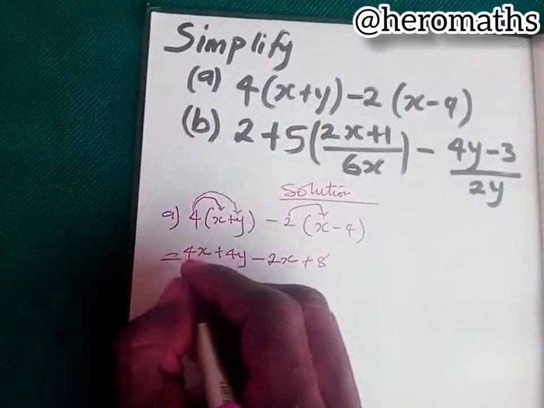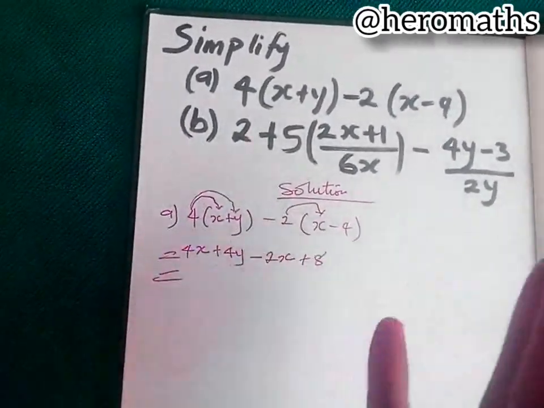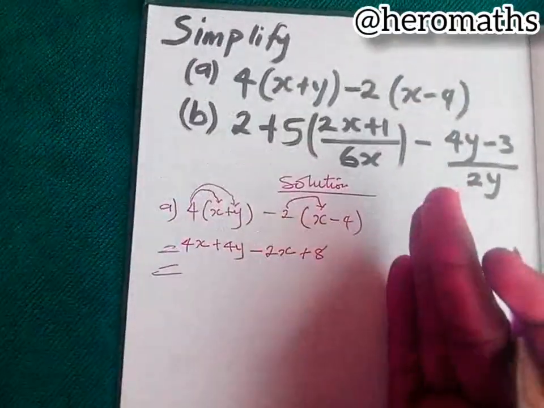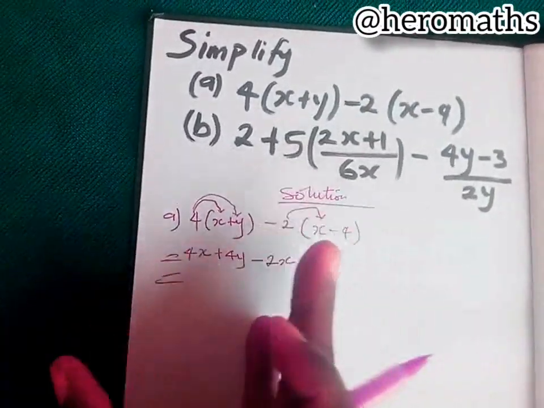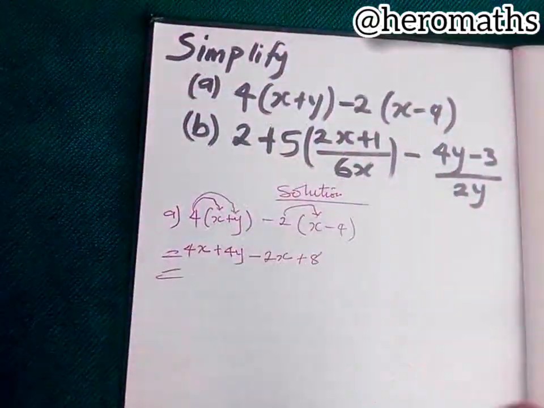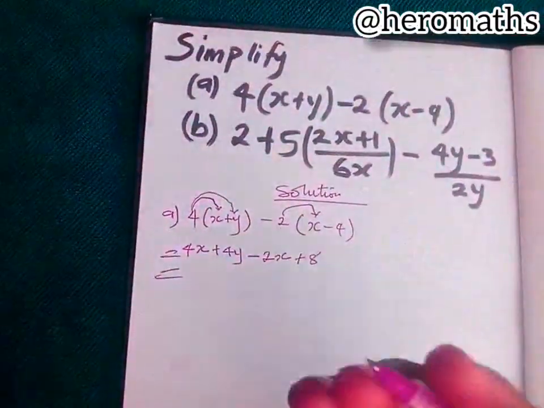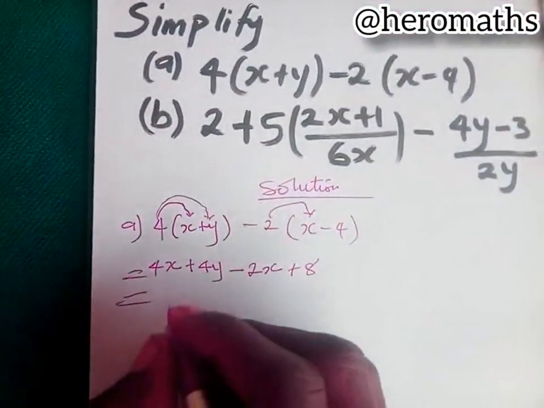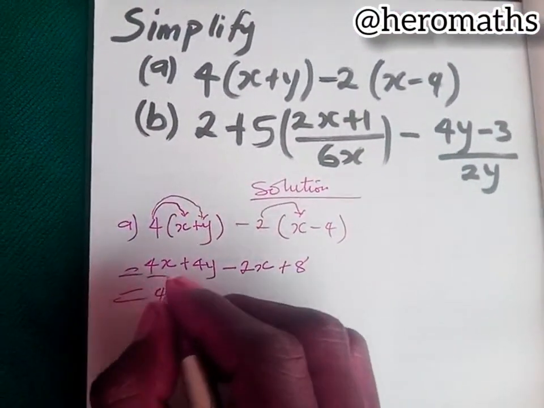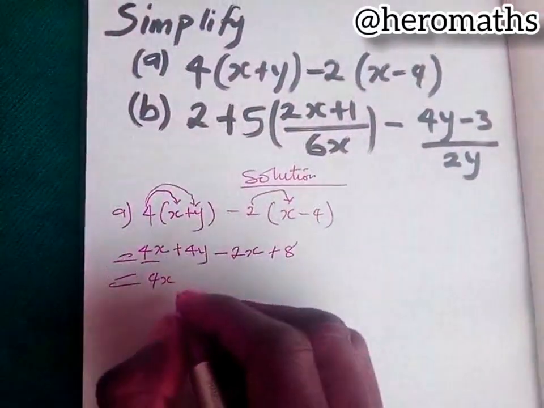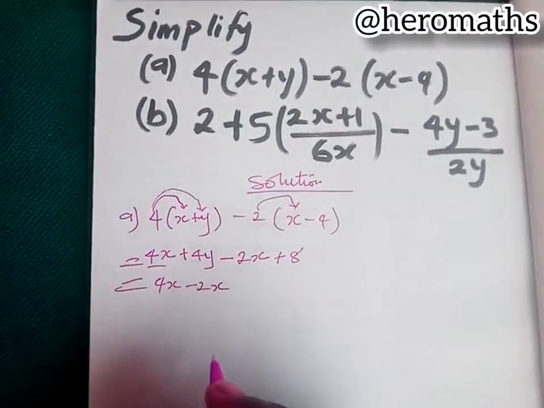So now the next step is to collect like terms. That is, the ones with x should be on the same side, the ones with y close to each other, and the variables, the ones with alphabets, close to each other. So now we have 4x. The next one with x is minus 2x.